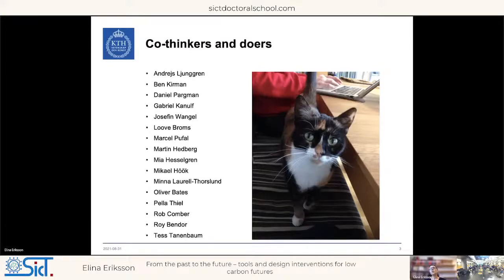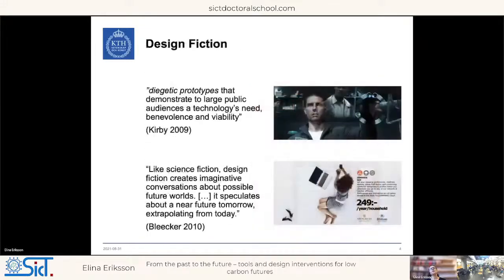So I'm going to start this presentation with talking a little bit about design fiction. And this is only very short. If you want to read up on this, you could probably do it. So within HCI, design fiction has been used quite a lot within research. It comes from this idea that you can have these technological props that tell you something about the future.